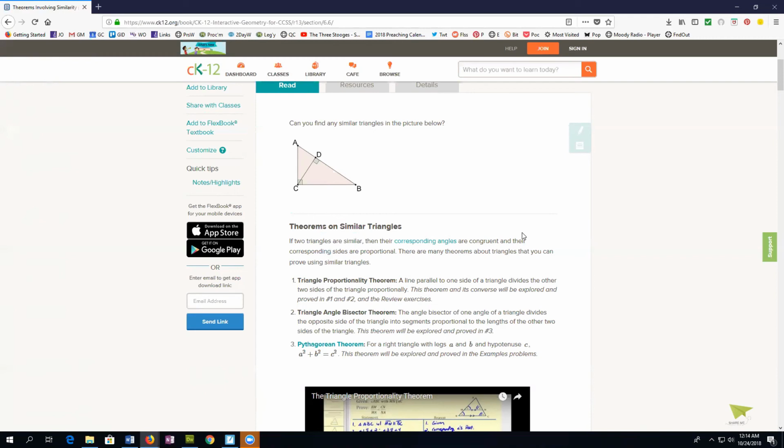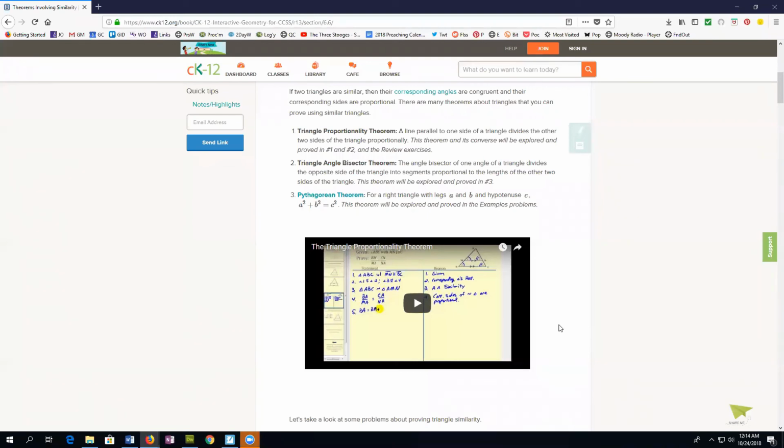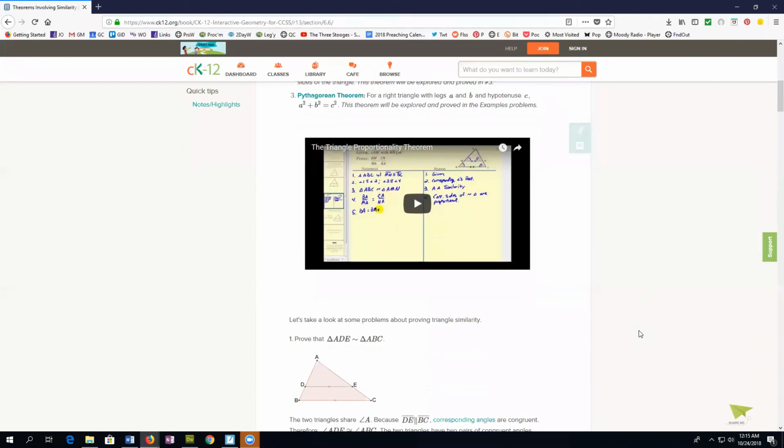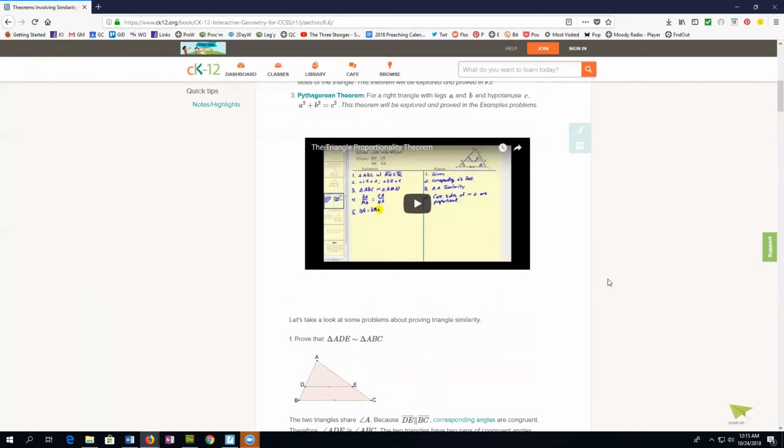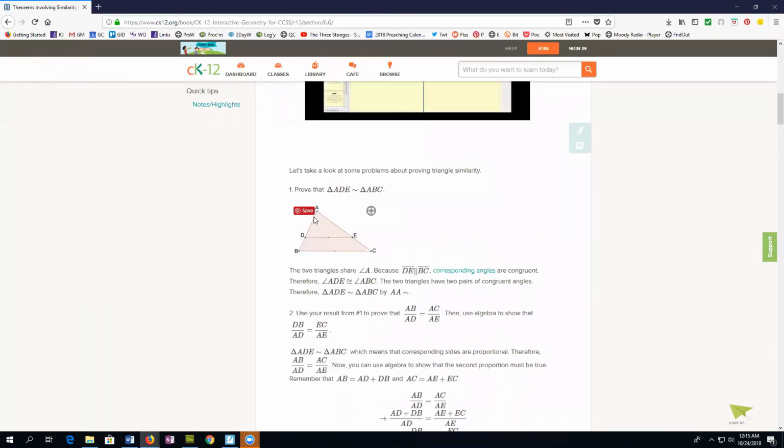There is one more theorem that we're going to be doing here this week that is not in our textbook. They do have a nice video here of the proof of the Triangle Proportionality Theorem, and you're welcome to look at that, but I will be proving it. And my proof will be very similar to theirs. The idea of the Triangle Proportionality Theorem is we are going to be looking at the pieces along the sides here that are cut up.